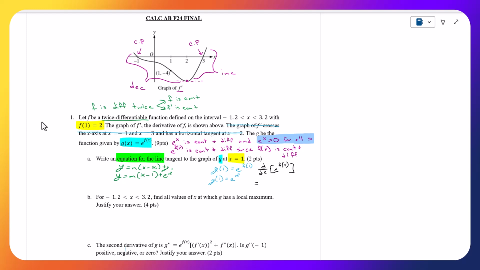The derivative of e to the x is e to the x, so e to the f of x is e to the f of x, times the derivative of our exponent, so times f prime of x.